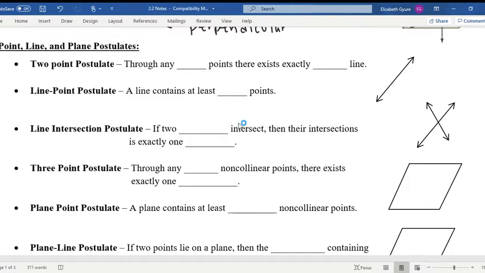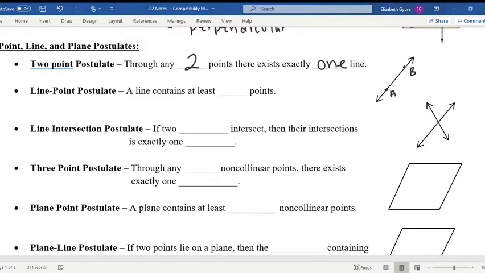So the first one is called the two-point postulate, and it says through any 2 points, there exists exactly one line. So if I have 2 points, let's say points A and B, then I know for sure there is one line that goes through them. Even if it's not drawn there, a line could hypothetically go through any 2 points.